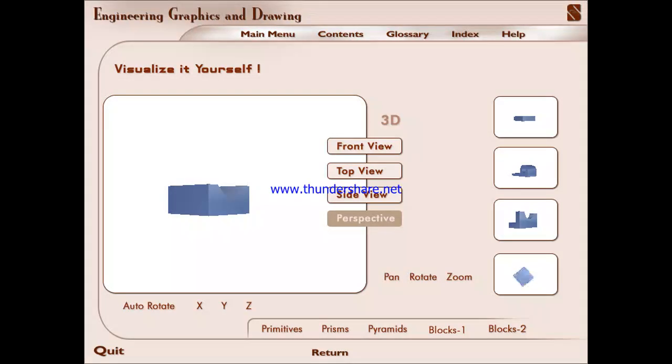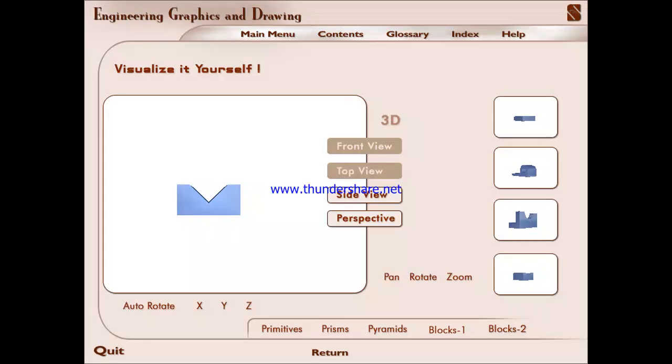Let us consider this type of figure. For that, front view, top view, side view, perspective.